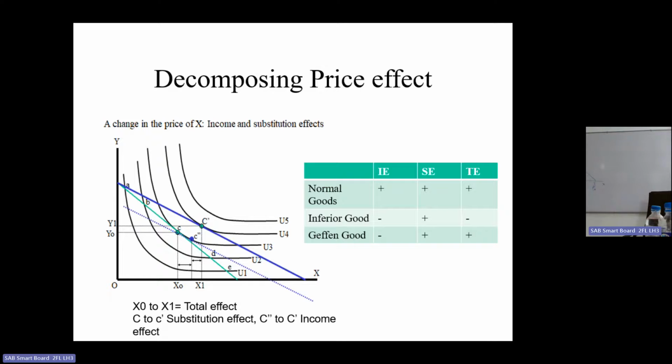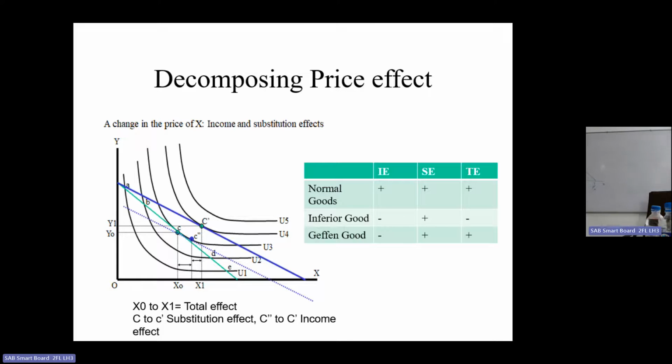You change the price by shifting the budget line parallel to this budget line. If you shift the budget line from here to here, we can identify the difference.